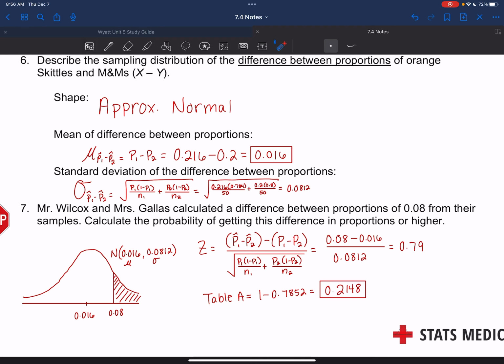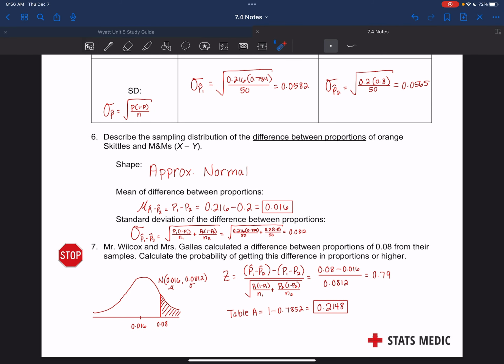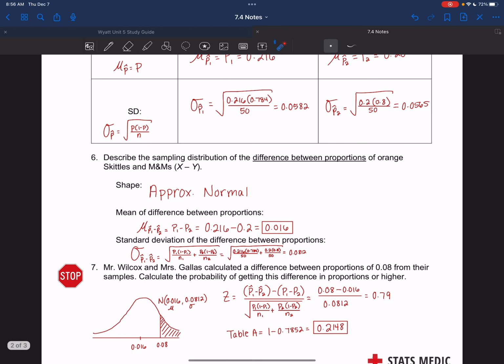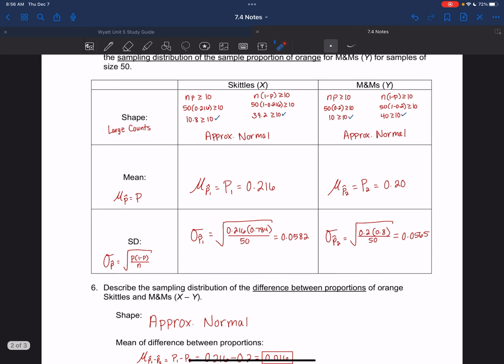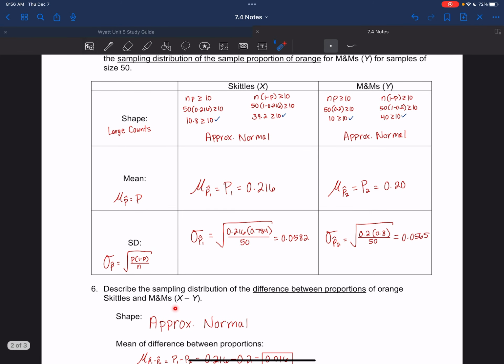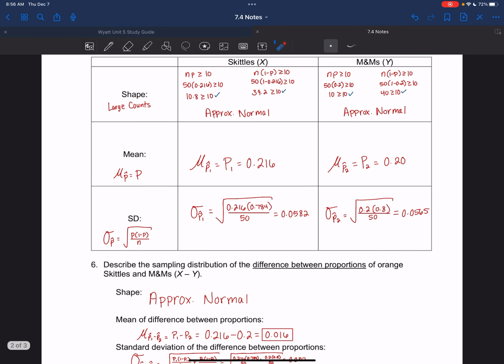Okay, and so when you're doing a difference of proportions, you can have a positive difference or you can have a negative difference. Depending on how you set it up tells you which one will have a higher proportion. So if you have a positive proportion, in this case 0.08, because we're doing Skittles minus M&Ms, X minus Y, that would tell us that Skittles have a higher proportion of orange pieces.